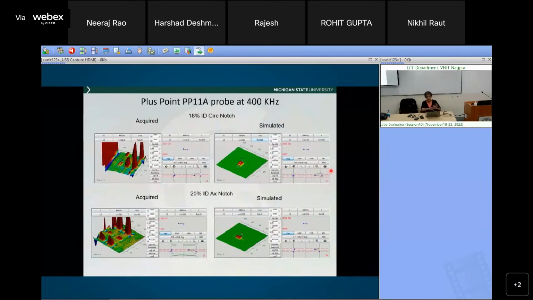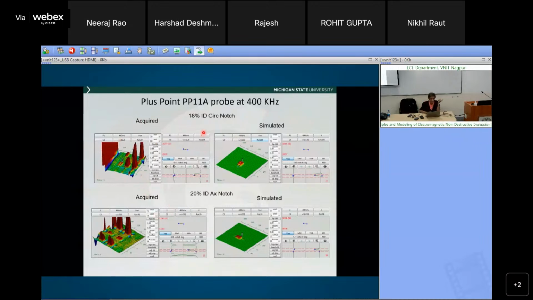Okay, so that was all bobbin probes, and these are validation of the plus point probe. This is what they call acquired or experimental data. Now, the experimental data is obtained from a calibration tube, which has multiple flaws machined in it. When we simulate, only one flaw at a time, right?